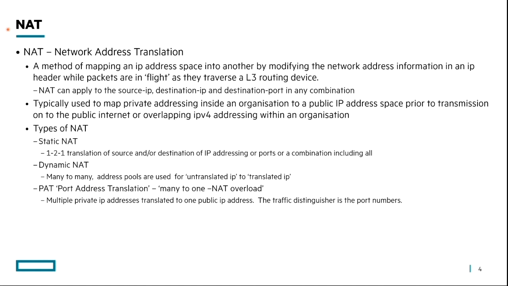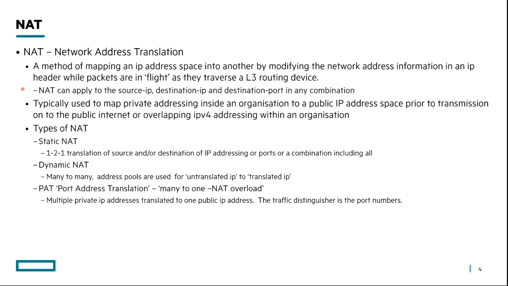NAT, Network Address Translation. I'm sure most of us are familiar with this, but just a quick run through of some of the themes that it covers. Network address translation is a method of mapping an IP address space into another IP address space by modifying the network address information in the IP header while the packets are in flight as they traverse a layer 3 routing device.